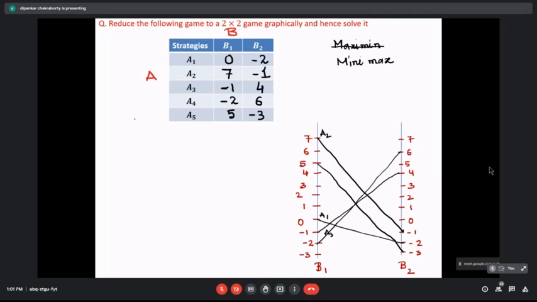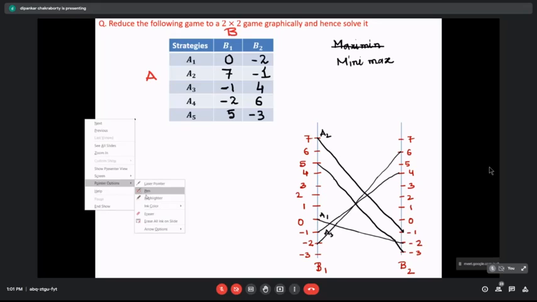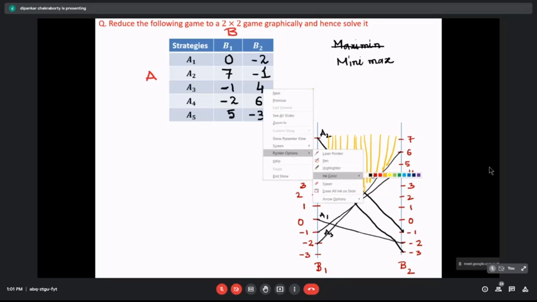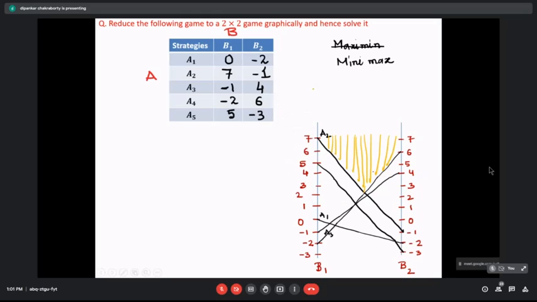Now, what is the meaning of minimax? First, we are going to find out the upper envelope. That is the maximum, right? First, we find the upper envelope, and from the upper envelope, we are going to find out the minimum. This is the point. So this point is actually your minimax point.